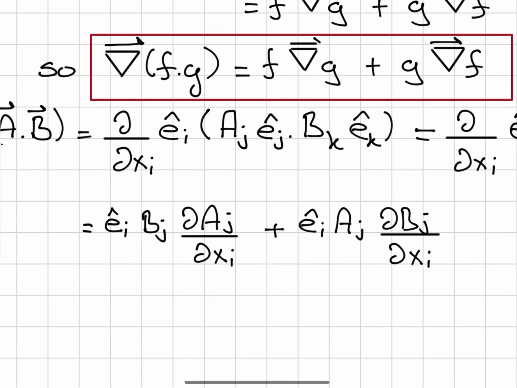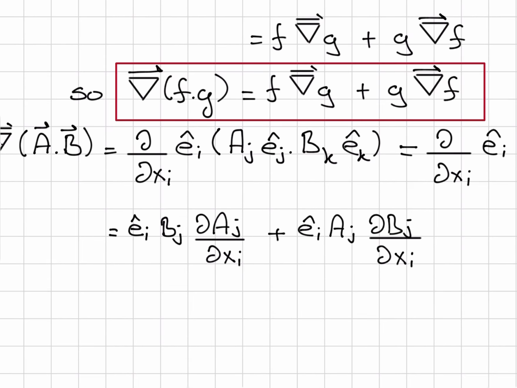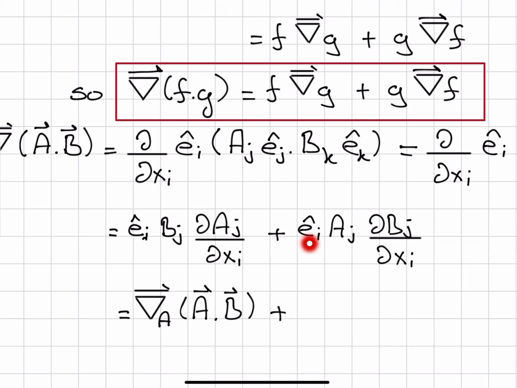So what do I have here? Here I have the gradient of A, ei hat del xi, applied to the vector A, aj ej hat, and that's multiplied with B. So I can write this as gradient operator applied to A only, gradient A dot B, plus here I take the gradient of vector B and leave A alone and then take the dot product.